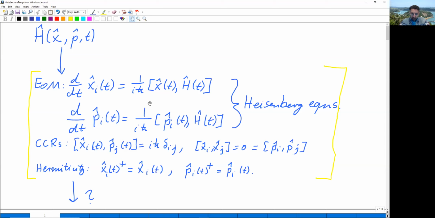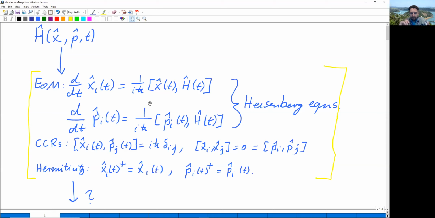Secondly, we need to solve the canonical commutation relations. That makes all the difference because now we are in completely different territory, because the solutions x of t and p of t can no longer be number valued. And thirdly, we have the hermiticity condition, which is meant to ensure that later we can make real valued number predictions. So this is what we have to solve. The x of t, the p of t cannot be number valued.